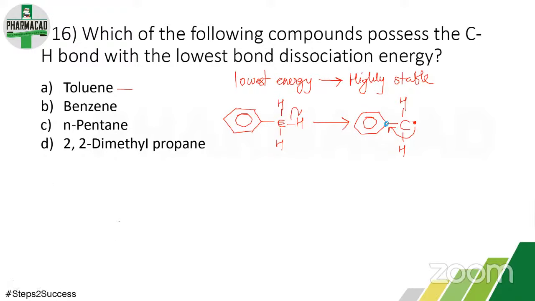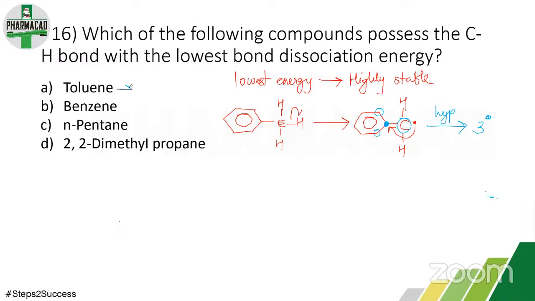You can see this carbon atom is attached with 1, 2, and 3 carbon atoms. So by hyperconjugation, we will get a tertiary carbon free radical.